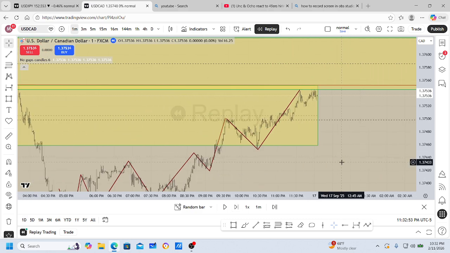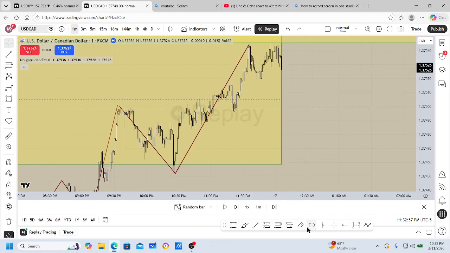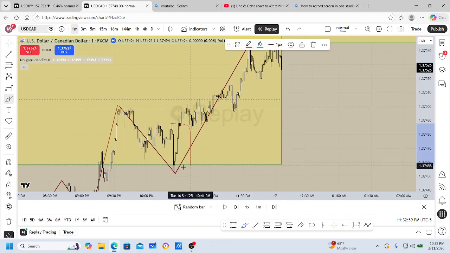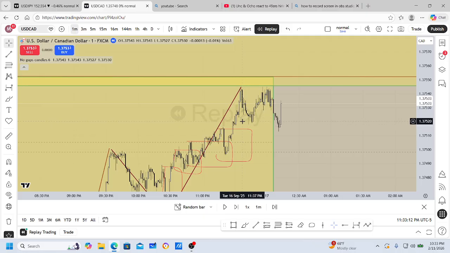How many swings do we have in this leg again? I should have marked it out, but anyway, we have one swing, that's two, that's three, that's four, equal highs, maybe this low gets run.